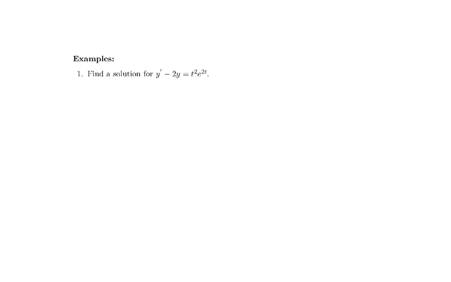Here's the first example that we're going to tackle. So we've got an equation that is not separable, and so we need a new approach, but it is linear. We've got our y prime, and then our p of t is going to be -2.